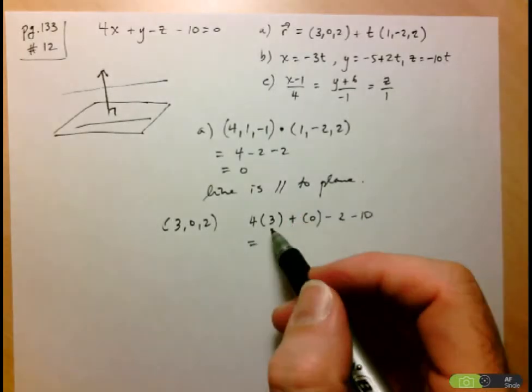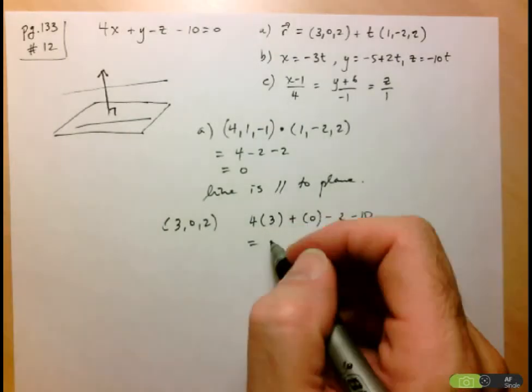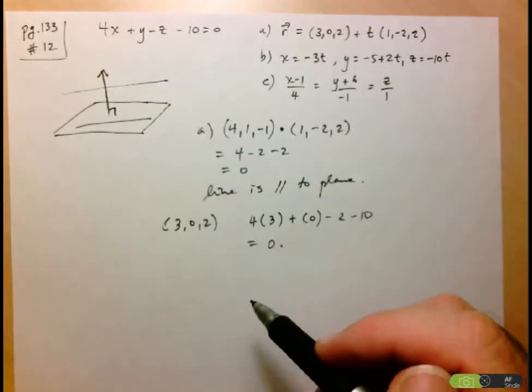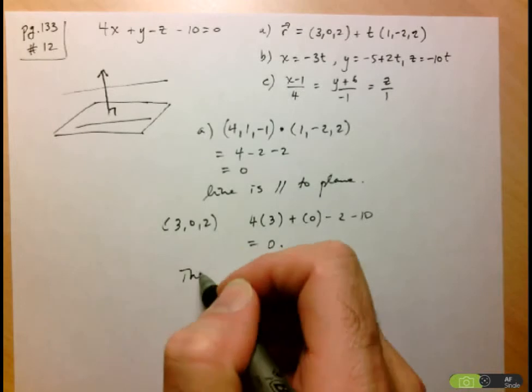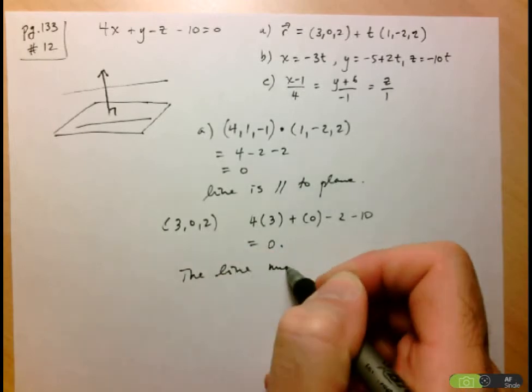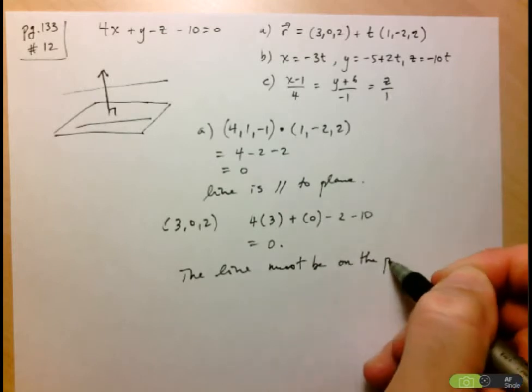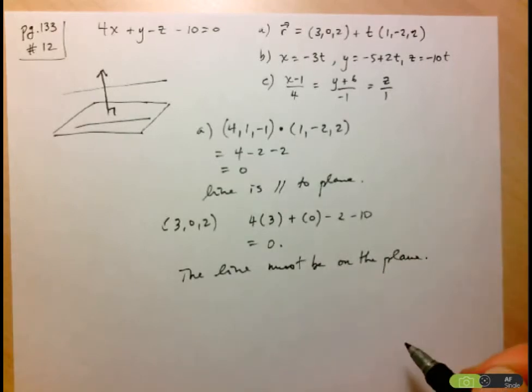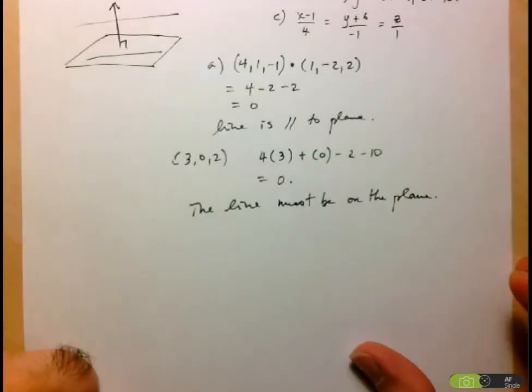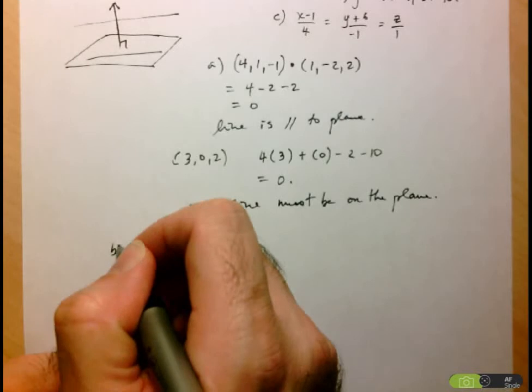And what do we have here? We have 12 minus 2 is 10, minus 10 is 0, meaning the equation is satisfied. So that means the line must be on the plane. Okay, as soon as they're parallel and they share one point in common, it means they must share all points in common.